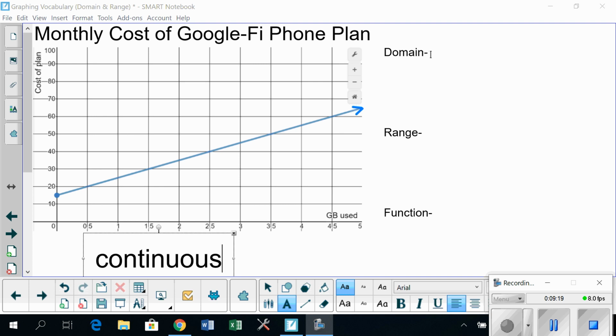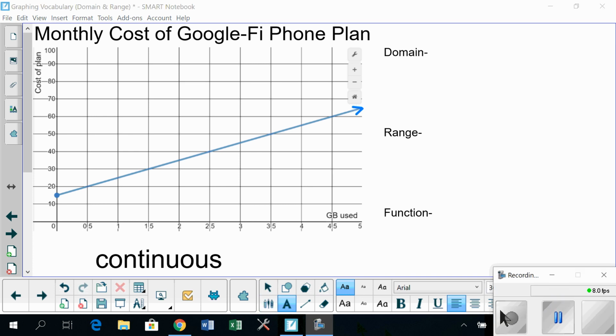Now, when it comes to finding the domain of a continuous graph, it's actually kind of tricky, because a continuous graph is really a collection of many small points. So if you ever ask yourself the question, how many points are on this continuous graph?